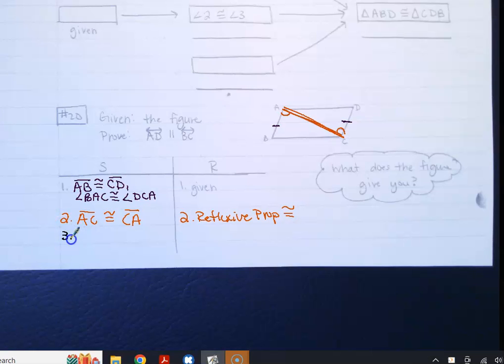So then step 3. So we've got side, angle, side, right? Because we have side, angle, and side. So triangle.